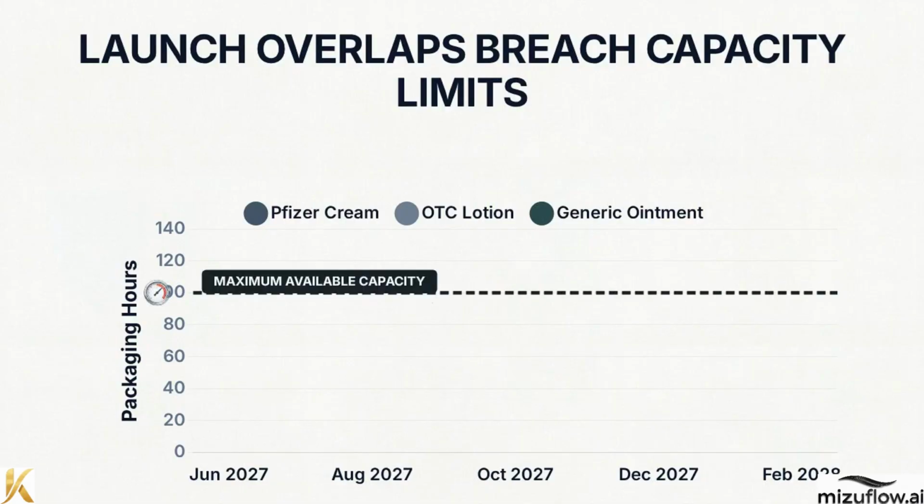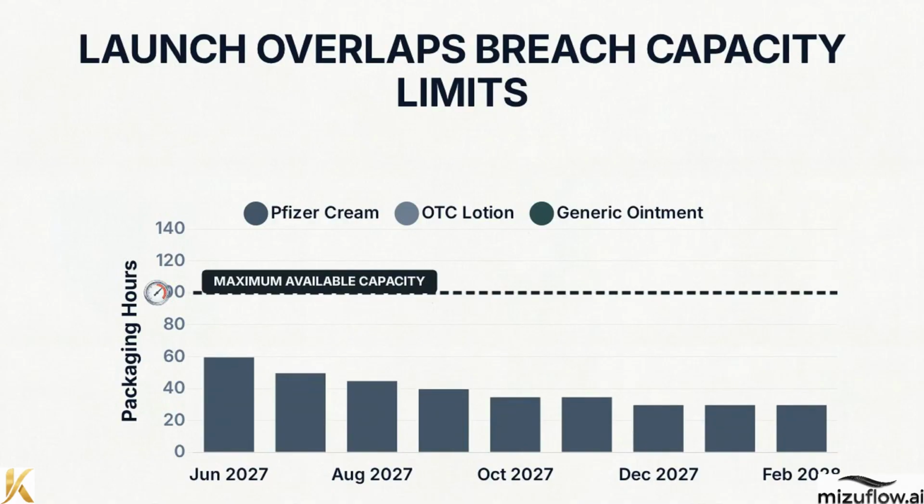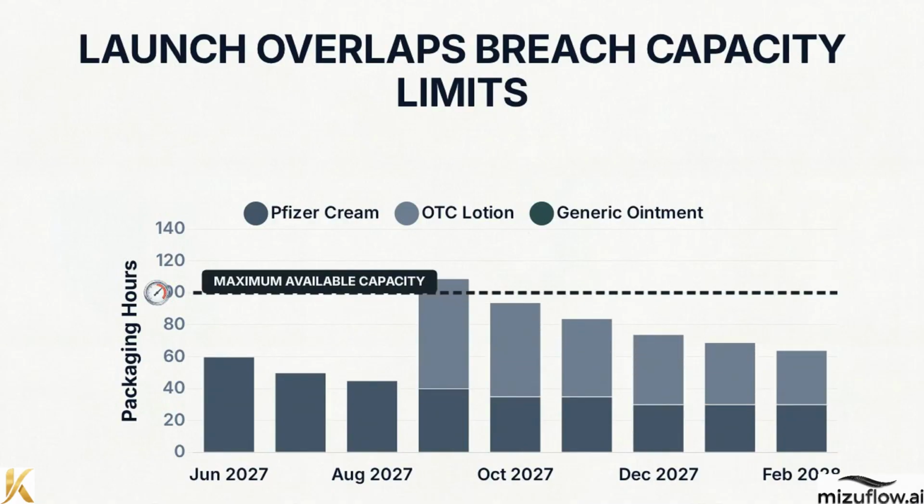This Gantt chart illustrates maximum available factory capacity. We map expected commercial launches for Pfizer, Generico, and OTC product lines to specific dates between June 2027 and February 2028. Transforming the schedule into a heat map reveals how total packaging hours stack up, eventually breaching maximum capacity.